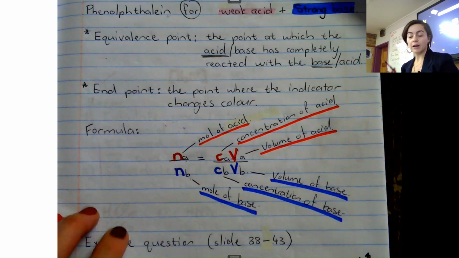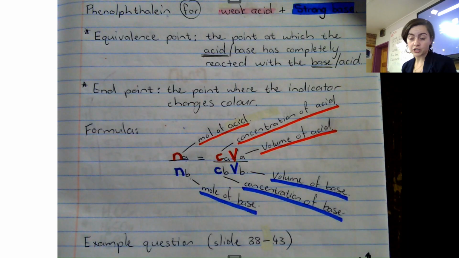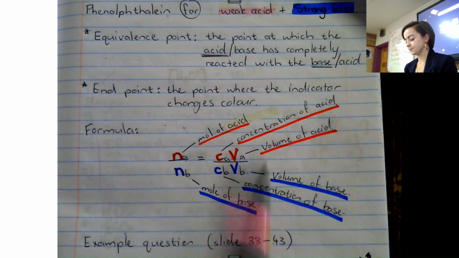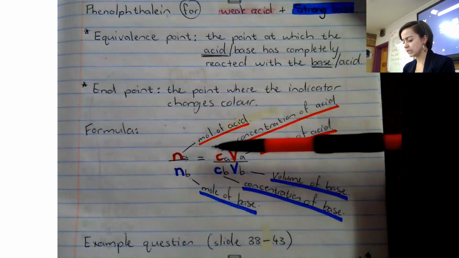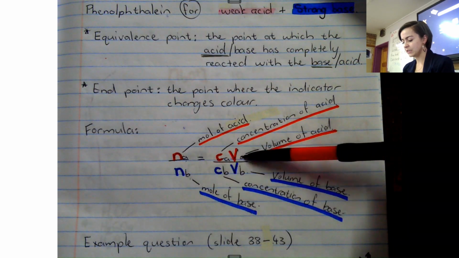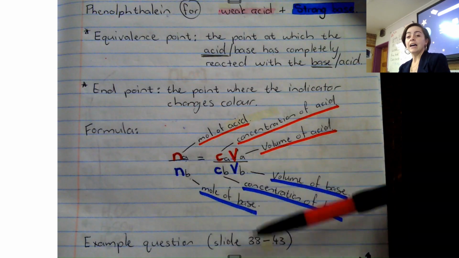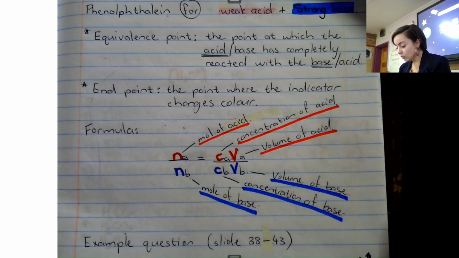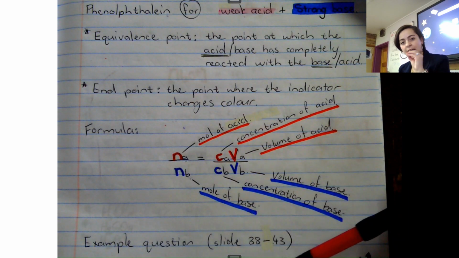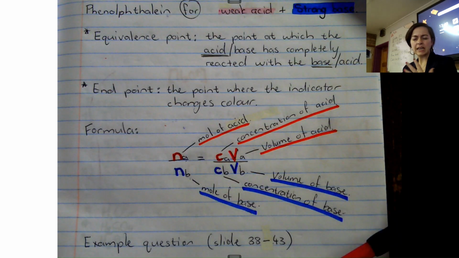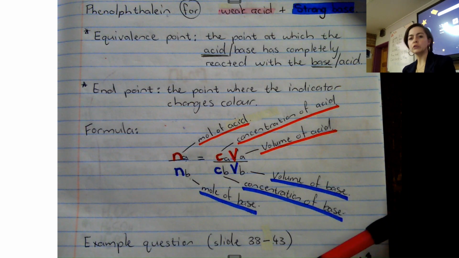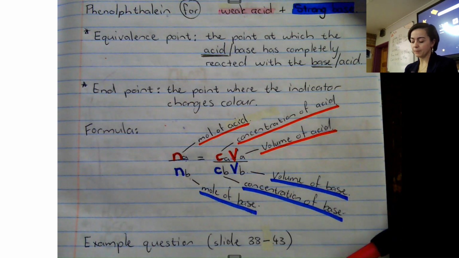Now, a formula we can use when doing titrations is this formula. Now, you'll see it's Na over Nb is equal to Ca Va over Cb Vb. And although I did also write here that Na is for acid and Nb is for base, it's not really necessary because it actually is for solution A and solution B, right?